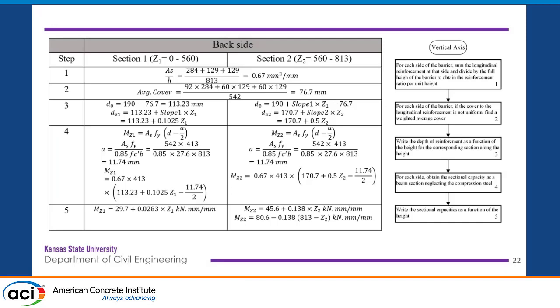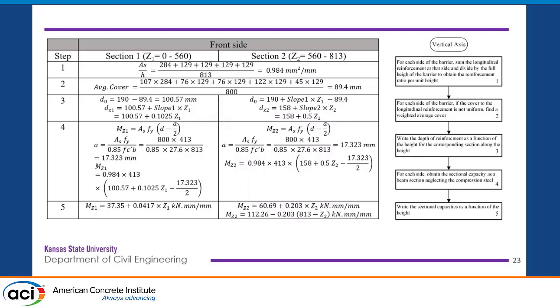If we start with section 1, we find all the reinforcement at the backside divided by the height of the section to find the distribution of the area of steel. Then we find a weighted average for the cover. And then we find the function of the moment with respect to the weighted average and along Z. Doing this for section 2, we will end up with a moment equation that covers the two sections.